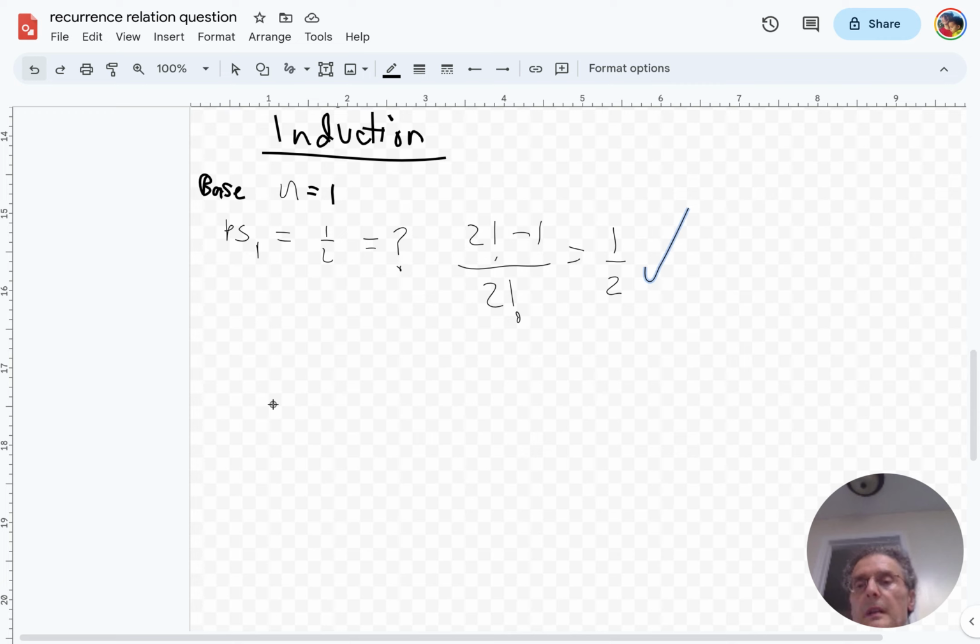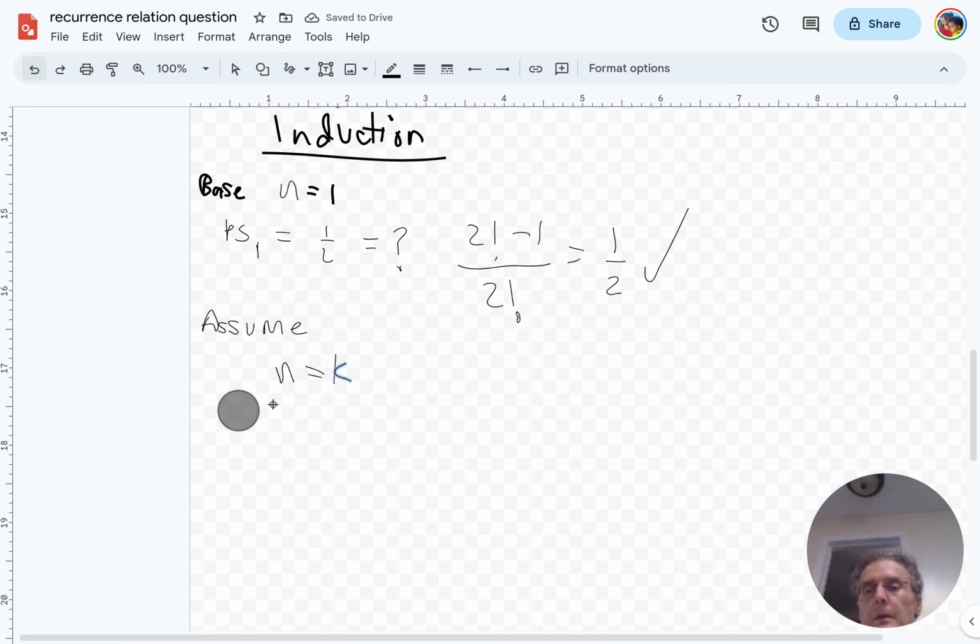Now here's the assume step. Assume that it's true for n equal k.